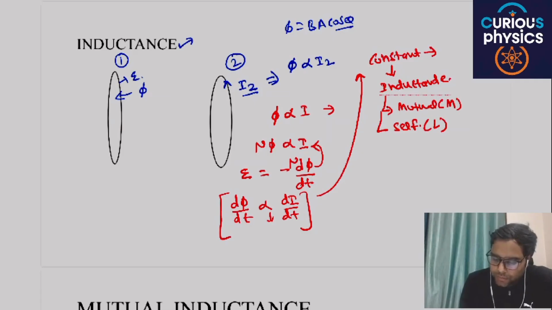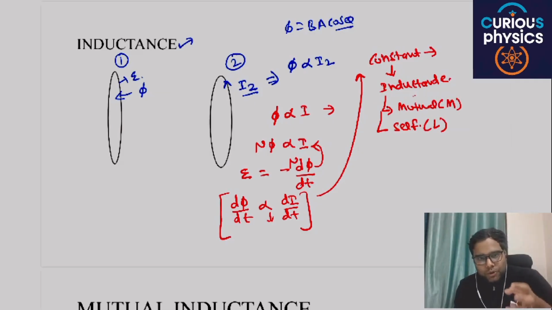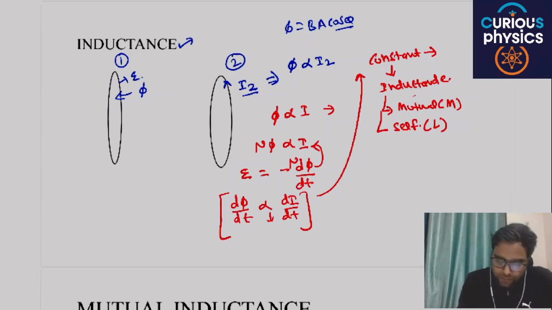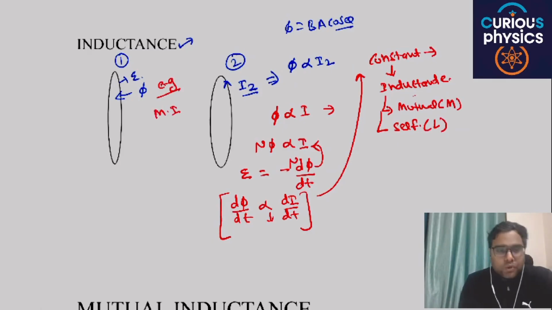Mutual means one coil produces flux in a second coil. The flux will be created in one coil with the help of the second. For example, the case we have discussed is mutual inductance.